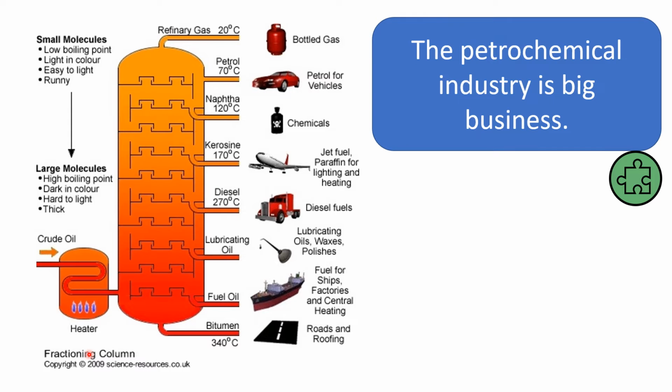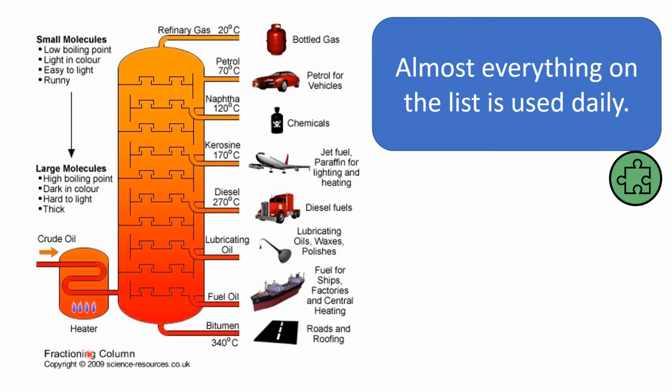But all these products come from crude oil, and the petrochemical industry, that is the industry that deals with crude oil, finding it, digging it up, processing it, refining it, getting it out there, is massive business. It's a big business. And the reason it's big business is because it's used in almost everything that we do.